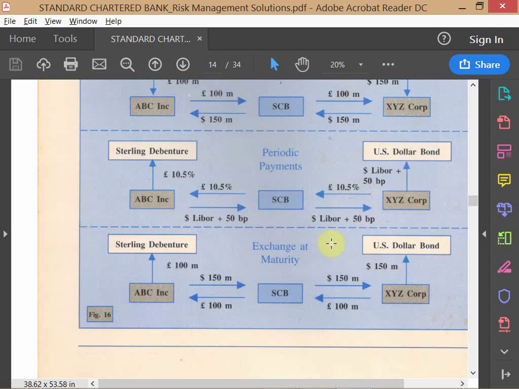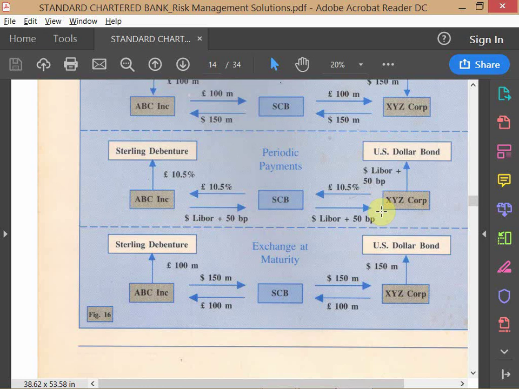On the swap, it is settled every 3 months. They will look at what is the dollar LIBOR fixing, what is the liability, LIBOR plus 50 basis points. They will look at the sterling liability, how much they have to pay, how much they have to receive, and then looking at the spot rate on that date, they will figure out who has to pay whom.